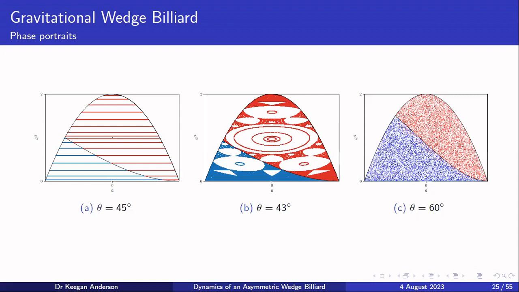The periodic behavior is illustrated by the ellipses in the phase space, whereas the chaotic behavior, which is also illustrated by the figure on the right-hand side for theta equal to 60, corresponds to random dots in the phase space, right? So you can see for the case where theta is equal to 43 degrees, we have this mixture of closed curves, which illustrate periodic behavior, but also random dots, which fill up the rest of the phase space.